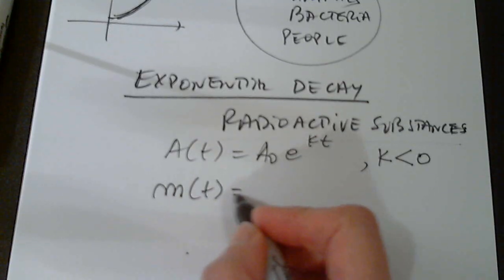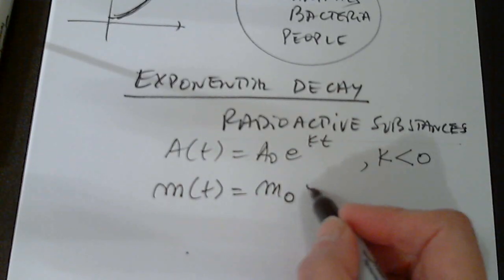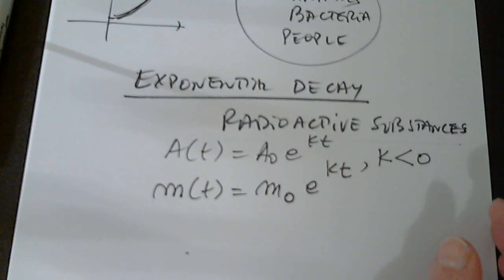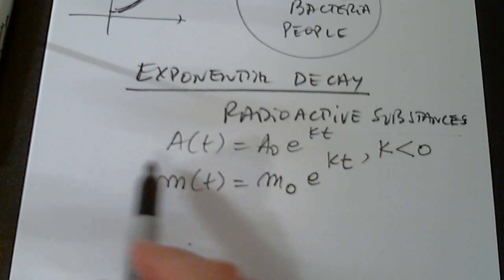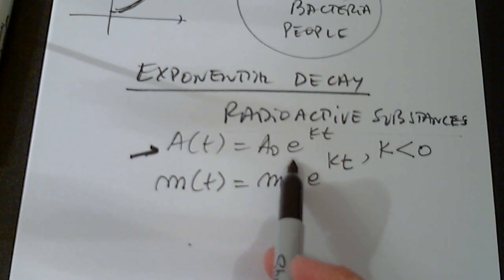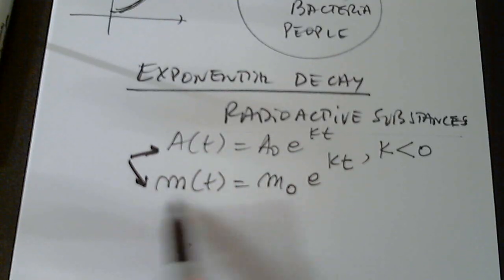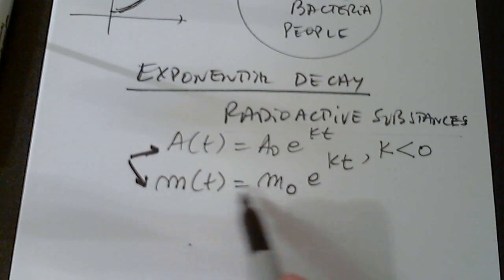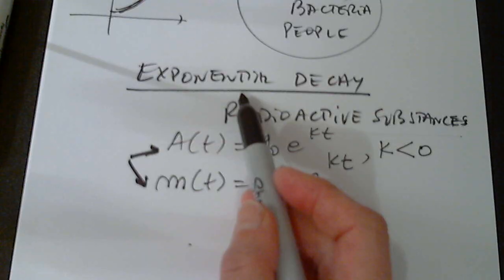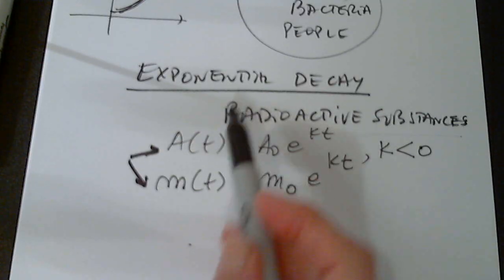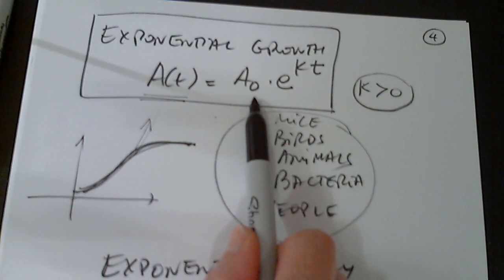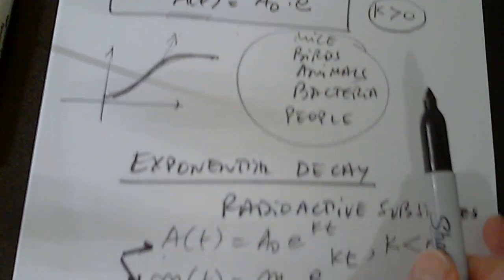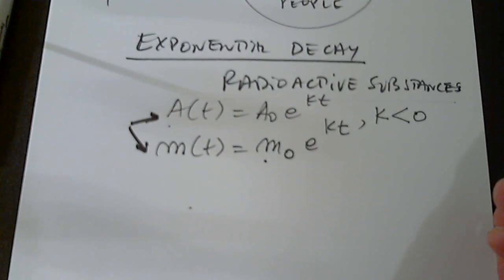M of t equals the initial times e to the kt. It doesn't matter. If you prefer this, use it. When you see mass, we really know it's exponential decay. If we see A, normally we think of the exponential growth, but it doesn't matter, as long as you know what you're doing, it's fine.